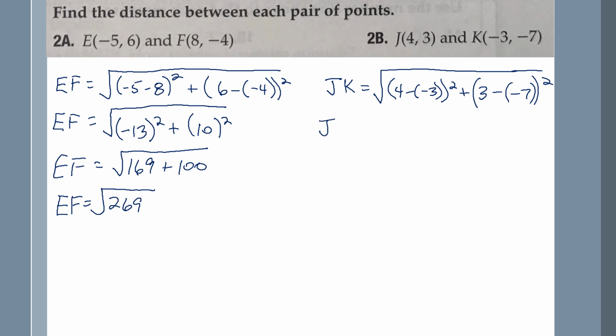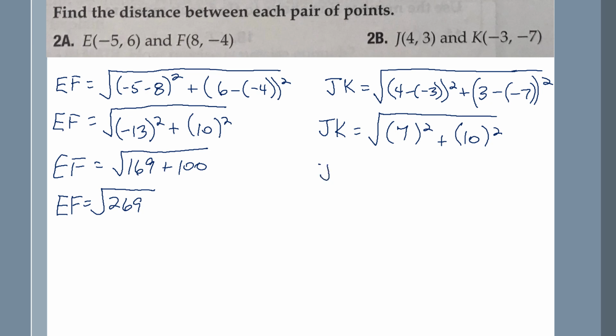So JK is equal to the square root of 4 minus -3 is 7, so we've got 7 squared, plus 3 minus -7, that is 10 squared.